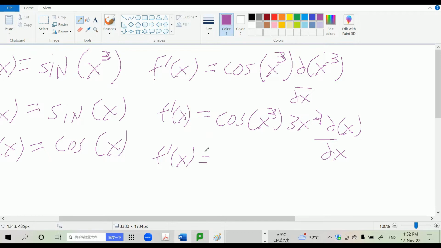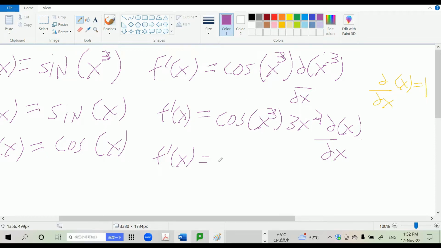Okay, so anyhow, f prime of x then will be simplified if this part here, I'm going to write this in another color. If we make sure that we remember that d over dx of x is simply equal to 1, okay, then this part here would just be 1, correct?